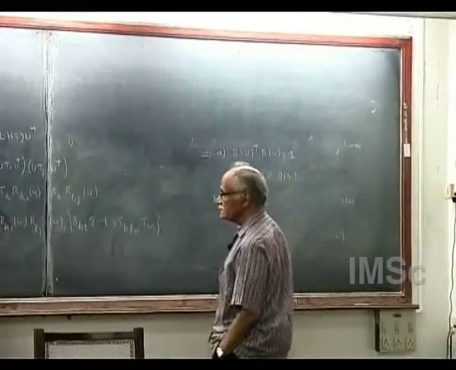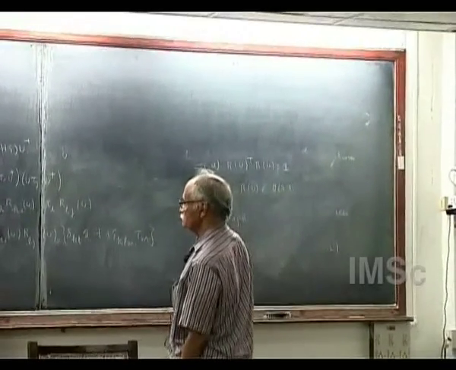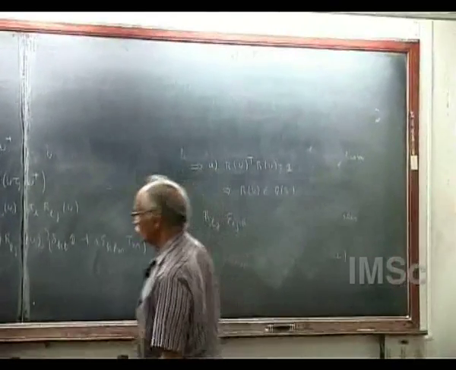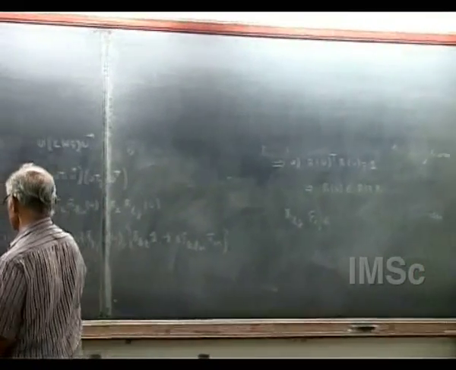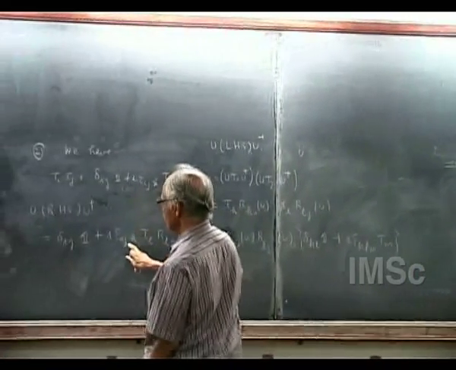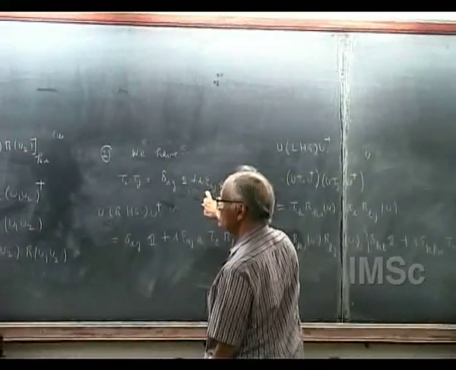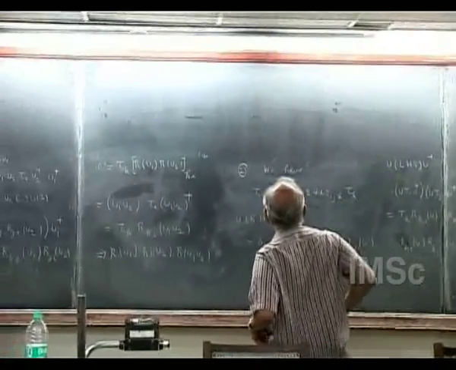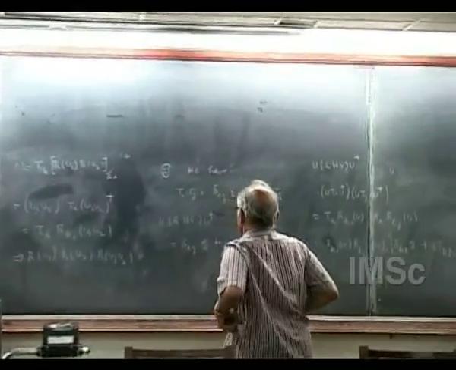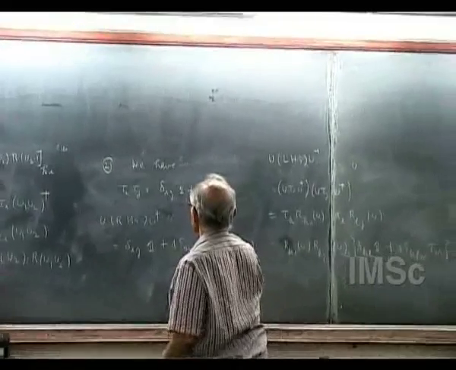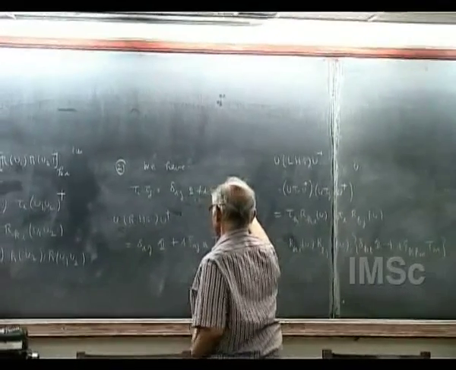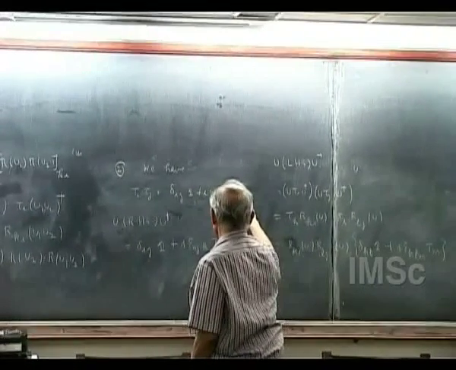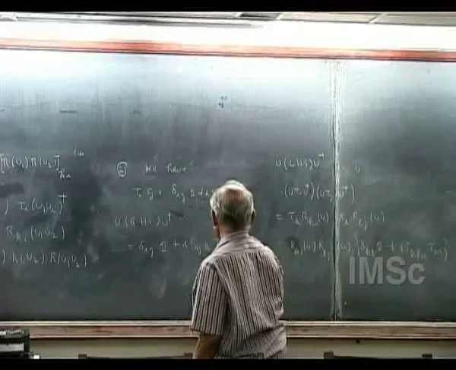I hope I got the indices right. Let me see on the right-hand side. So here ijk, it should be k, no?